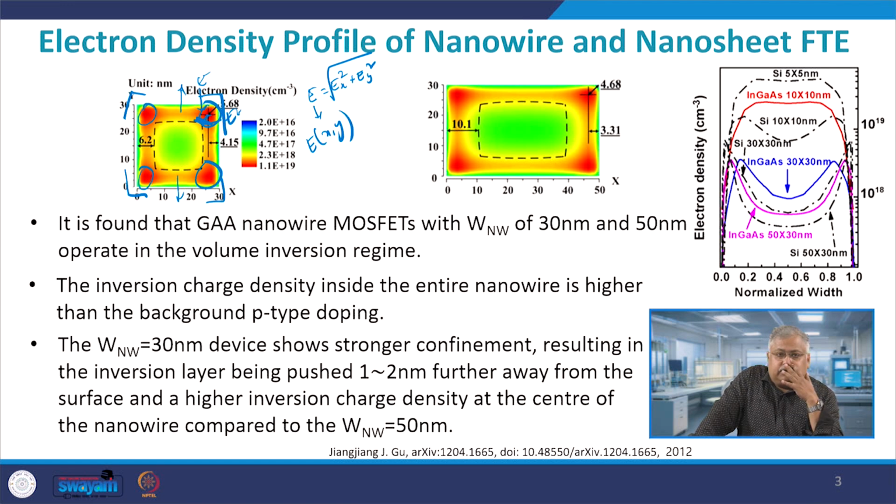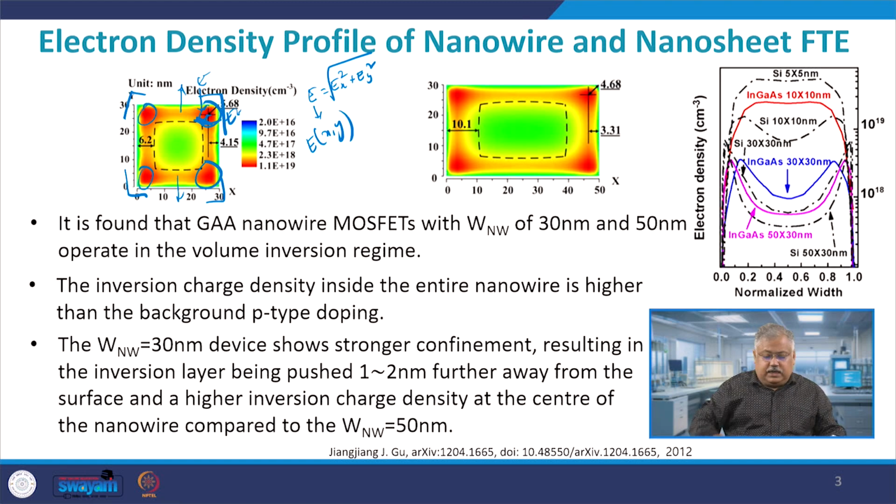What does a volume inversion basically mean is that the entire inside of the nanowire has a larger electron concentration as compared to the edges, right? And since the center doesn't have any interfaces, for example, if I take this as the channel, the center will have no interfaces, right?